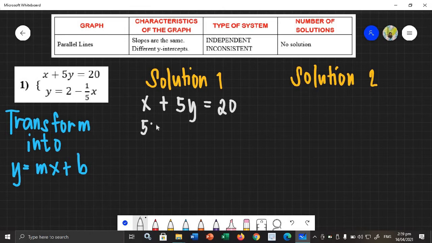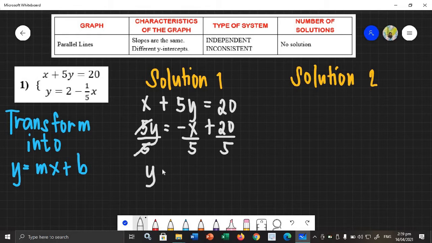We have 5y equals negative x plus 20. Now, to cancel out the coefficient of y, we need to divide the whole equation by 5. Okay? So, we now have y equals negative x over 5 plus 20 over 5 is simply 4.